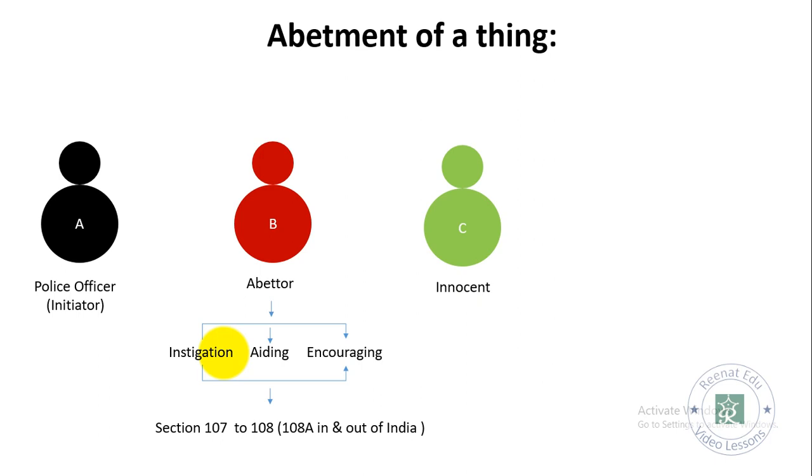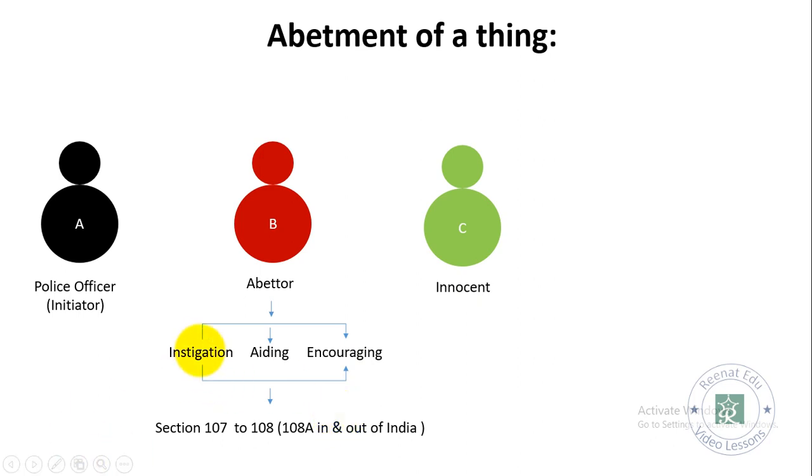What if an Indian instigates and provokes a foreigner to murder in X place, which may be in India or outside India? So 108A gets into accountability for abetment in India and abetment outside India, and it also covers the place.